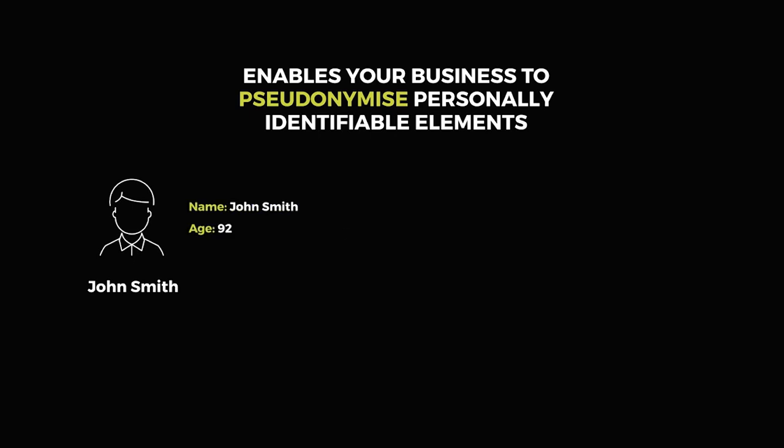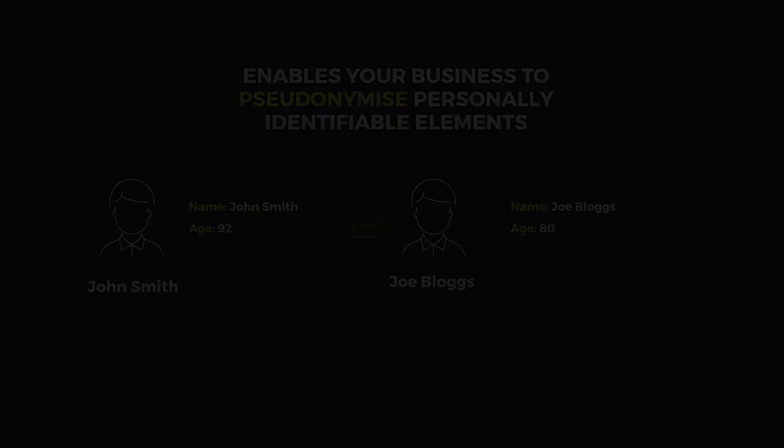For instance, in this example, IT can use consistent replacement with statistical distribution for the names, so that every entry for John Smith is automatically replaced with Joe Bloggs, as this enables them to track this patient's full medical history whilst protecting their anonymity. In addition to this, they can round the ages to the nearest 10 and cap them at 80, so they are grouped amongst many, thus further protecting their anonymity.